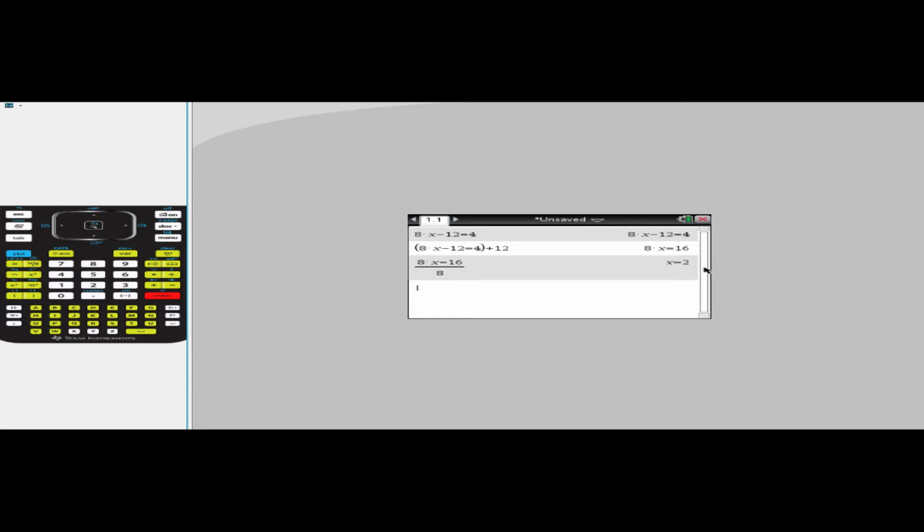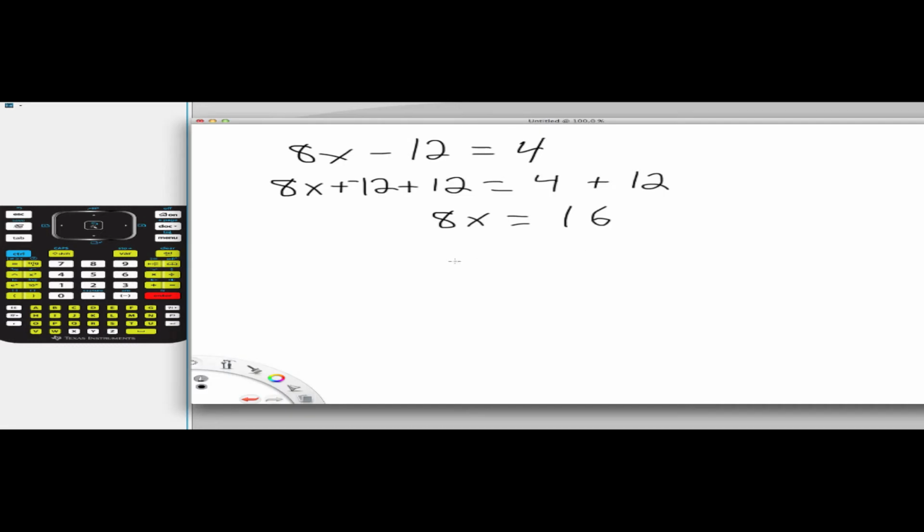Let's go down a step. Let me go to the next page and we'll show you what that looks like. We're going to use the multiplication property of equality, and we're going to divide both sides by 8 or multiply both sides by 1 over 8, and we'll get the same result.